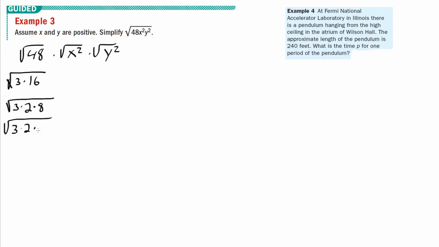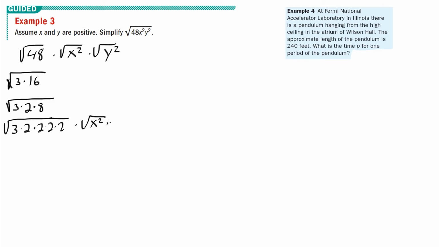So 2 times 2 times 2. Okay, so I've got my factoring for this, and that's going to be times x squared times y squared.